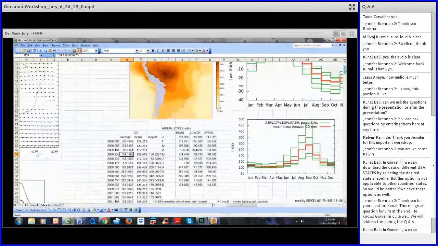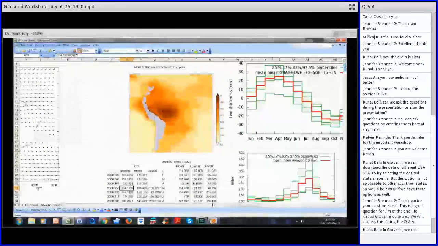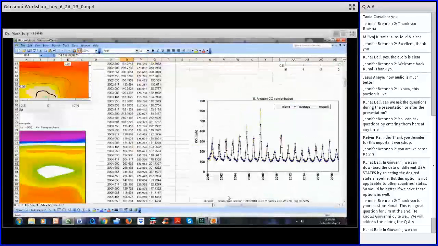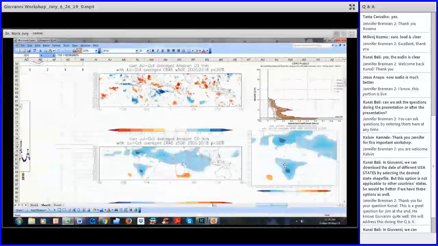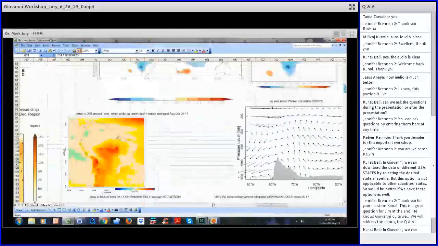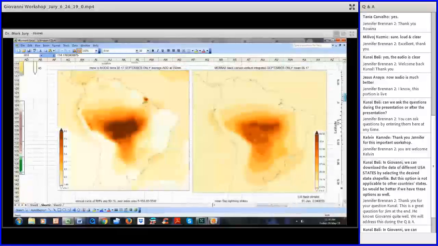So this was a NASA Giovanni product. There was our time series. Over here we had, again, NASA Giovanni products that would be, in this case on the left, the MODIS Terra AOD, and that just happened to be in September only.